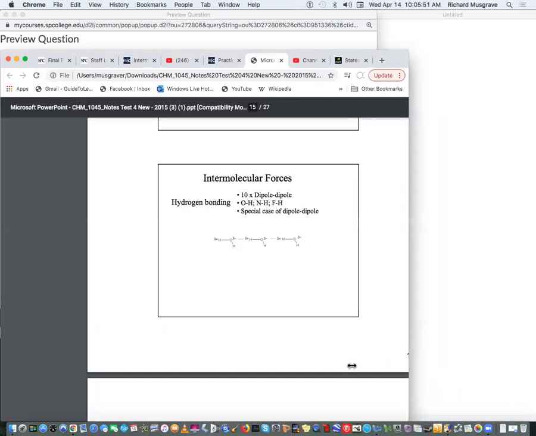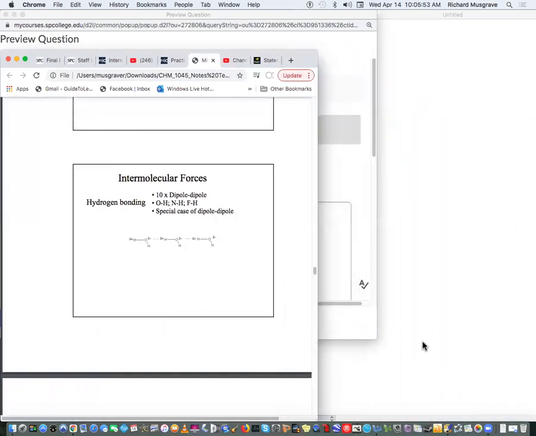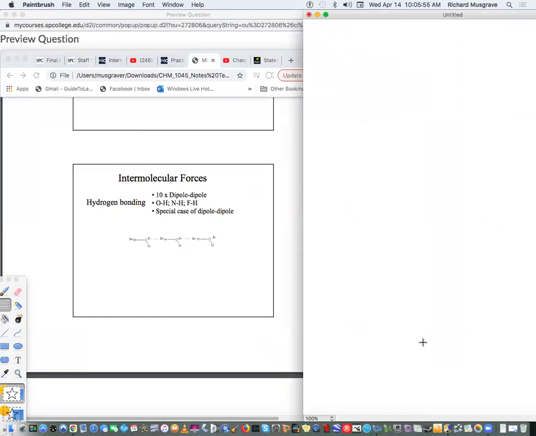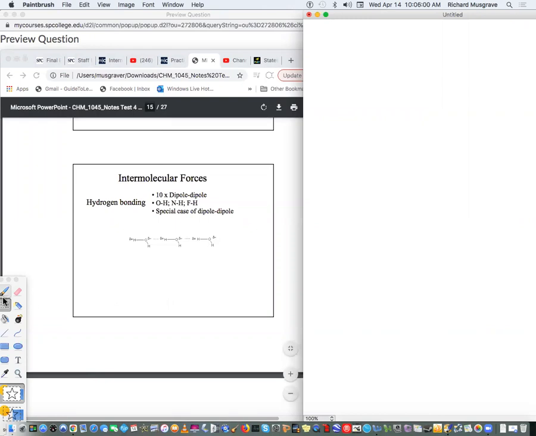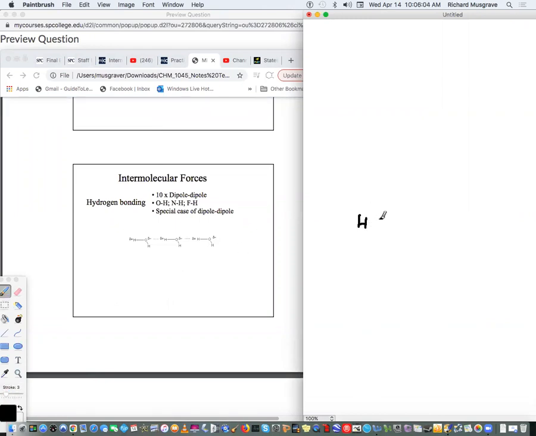Now, from a diagrammatic point of view, what that means is we have very strong dipoles between these elements. If we take O, for example, and the H, O is a pretty big atom compared to hydrogen.